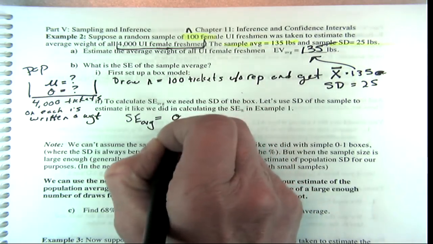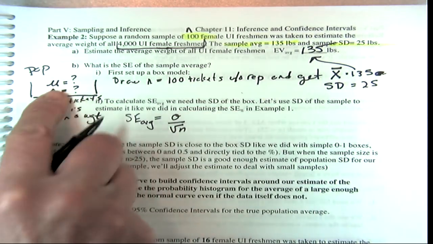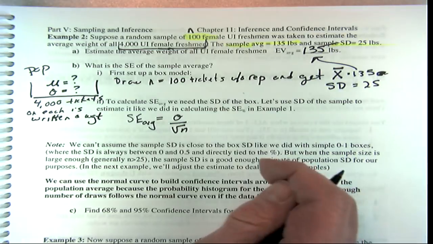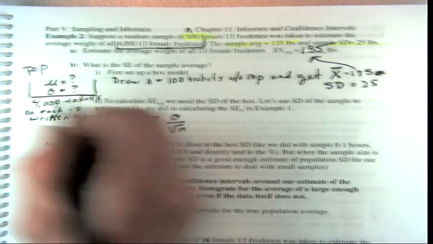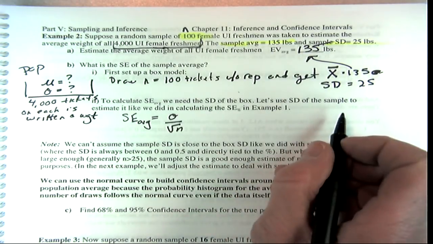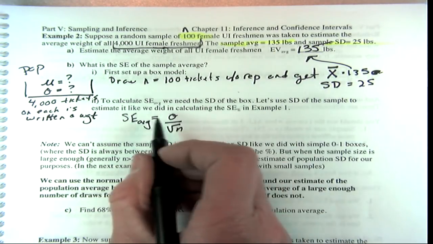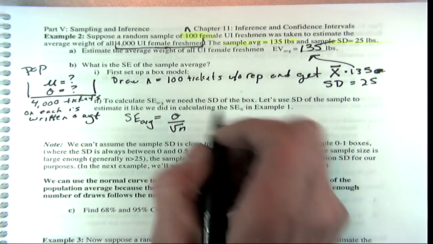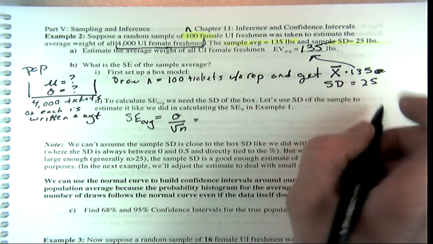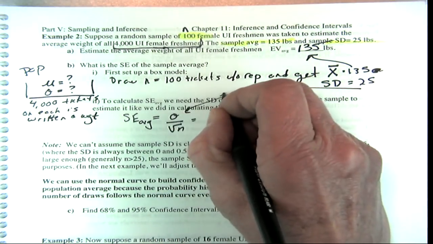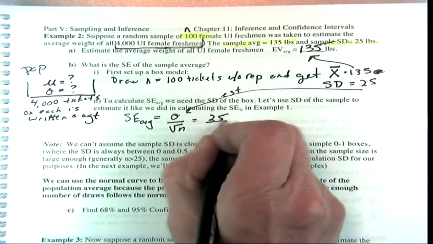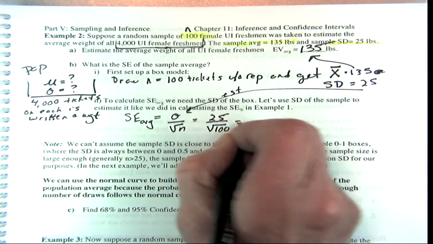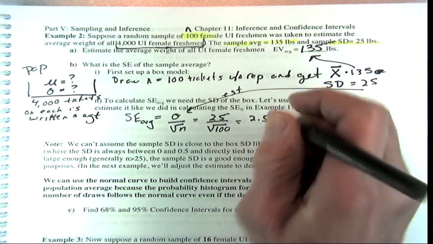It's going to be sigma over root n. We don't multiply by 100, right? We're not changing it to a percent, so we just leave it like that. But we don't know sigma, so what are we going to do? We're going to use the SD of the sample to estimate it like we did before. So here's the S, we use this as an estimate for that. And so we get 25 over the square root of 100, which is 2.5 pounds.